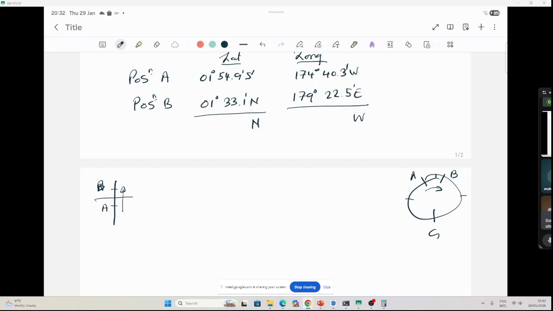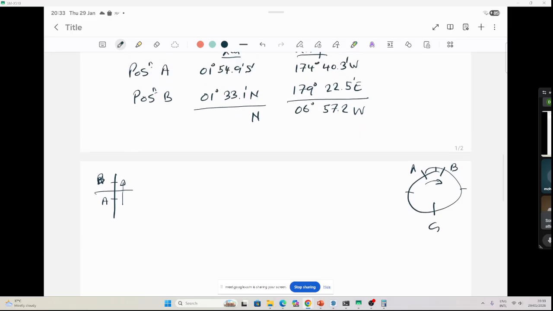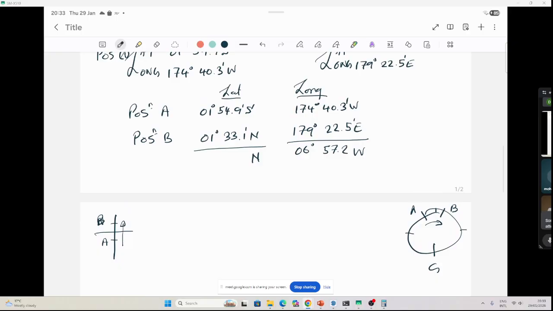$57.2. Right. So this is 0.6 degrees. Is my answer correct? Is my D long correct? Yes, sir.